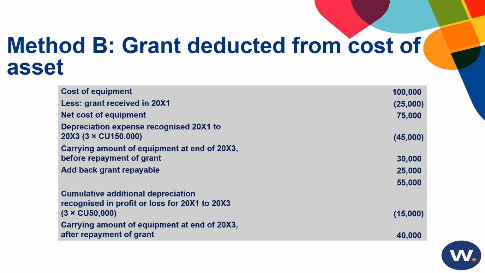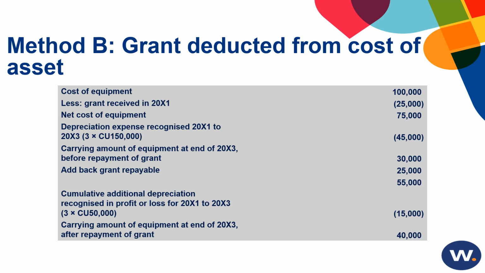However, now the grant of 25,000 needs to be repaid. And what happens in this instance is this amount is added back to the asset, thereby increasing the balance of the asset. So the new balance is now 55,000 Rand. In addition to this, the additional depreciation which would have been recognized in prior periods had this grant not been deducted from the cost of the asset needs to be recognized in the current period in profit or loss.